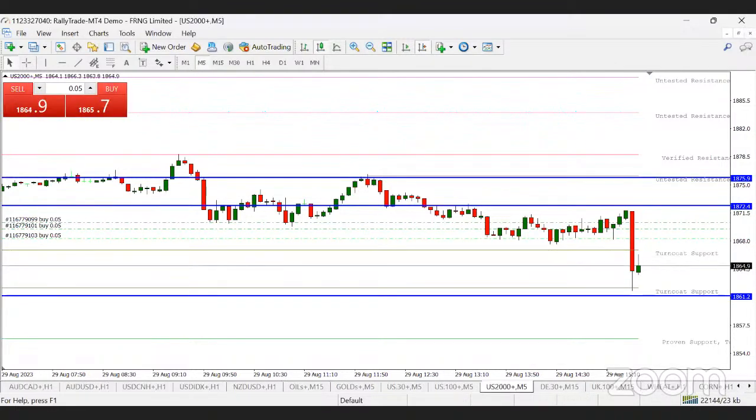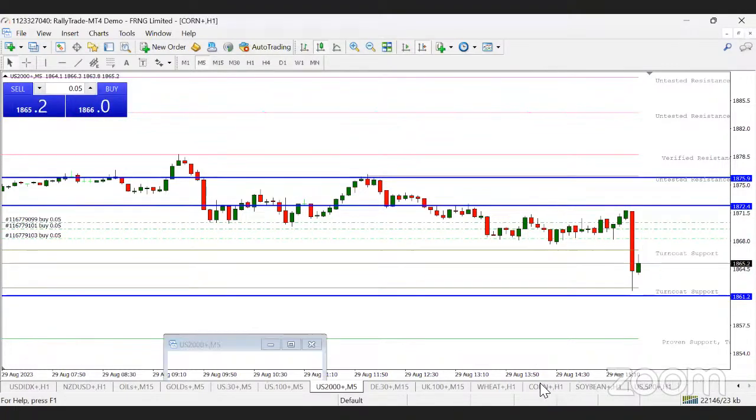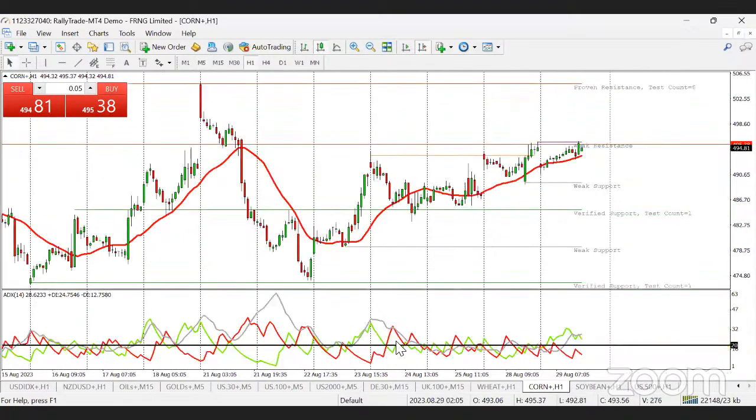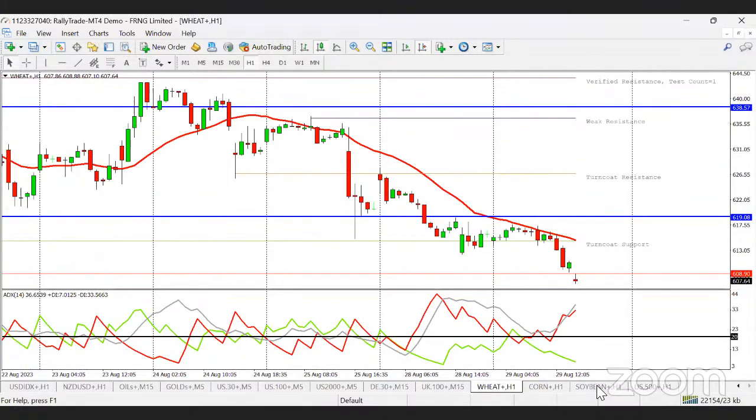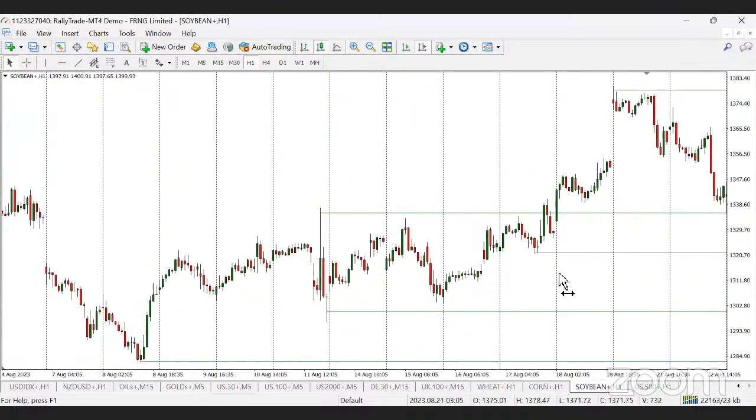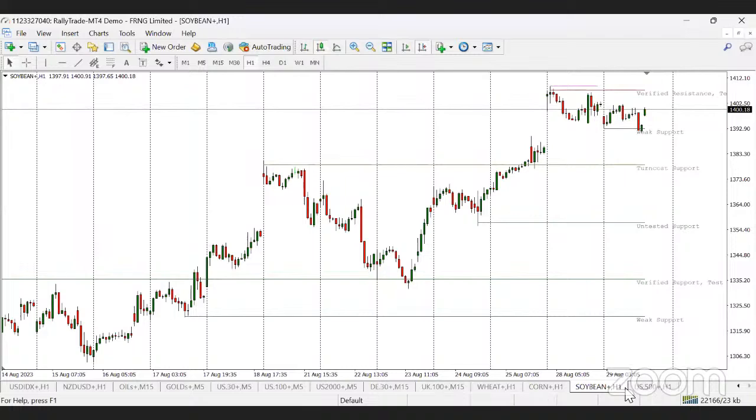Let's quickly go to agro commodities and see what we're expecting in the market today. There was no gap. For this particular instrument, I'll be going in for a sell also, because the trend is already confirmed as a downtrend.